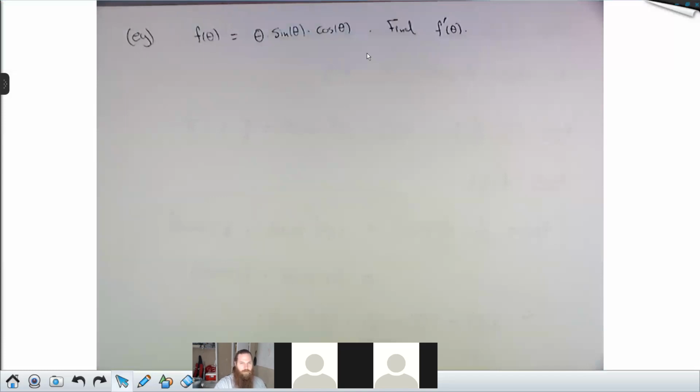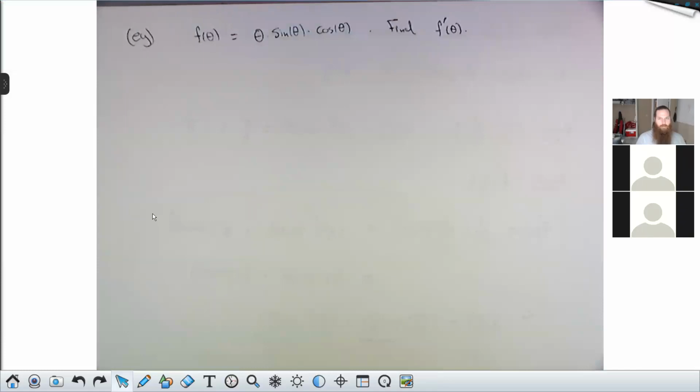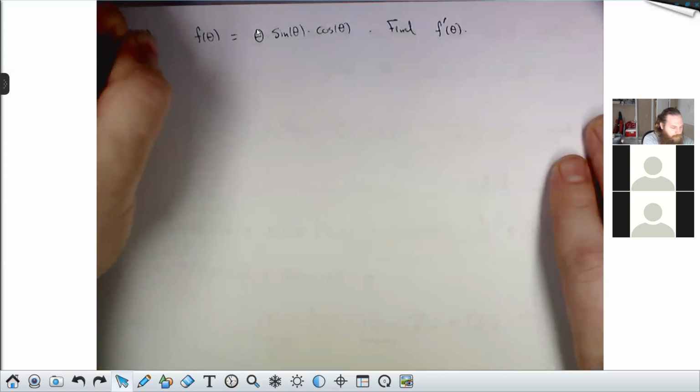Any ideas how we could get started here? I would encourage that you think about this as a sort of product rule within a product rule. So we're going to use the product rule twice.